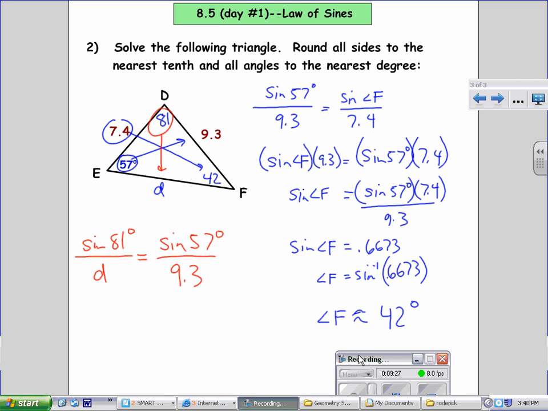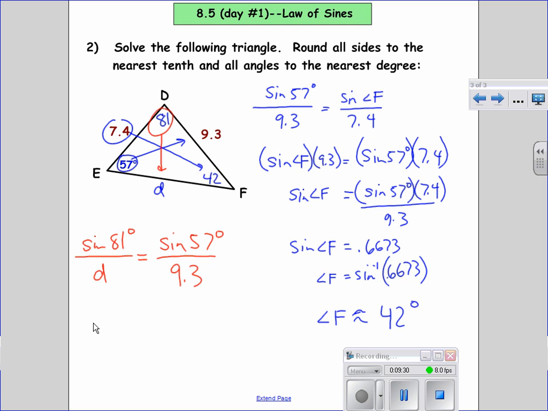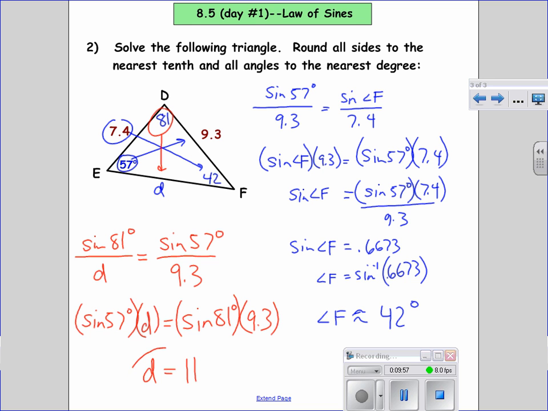So let's just quickly set this up. So sine of 57 times D equals the sine of 81 times 9.3. Divide, and you get D approximately 10.95, which rounds to 11. Fill it in, and you've solved all the angles and all the sides. Okay, so you've solved the non-right triangle.